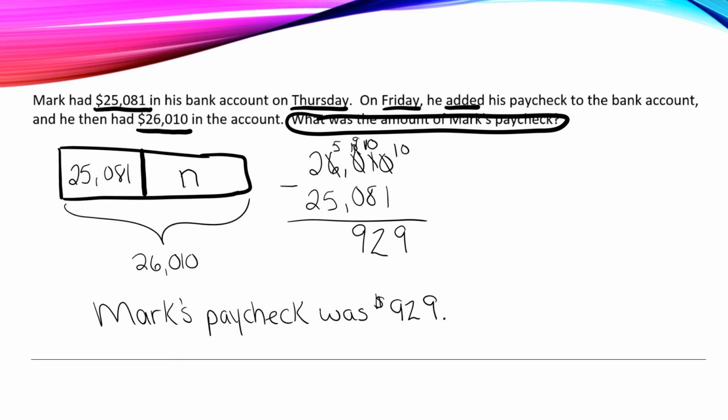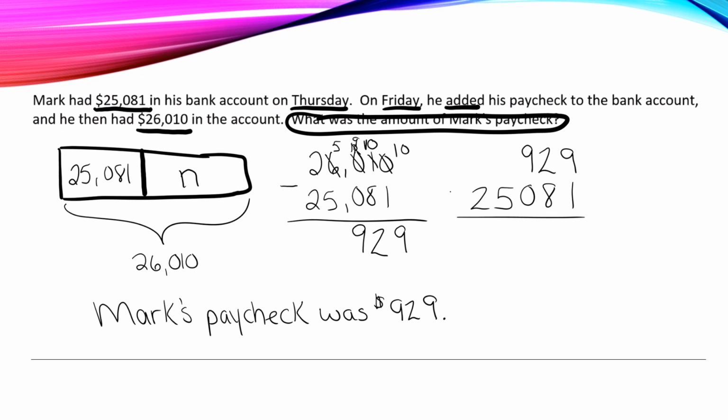It's often helpful if we check our answer. So if I do a check, I'm going to start and go backwards and do the opposite. So I'm going to start with my answer, 929, then put the middle number, and I'm doing the opposite.